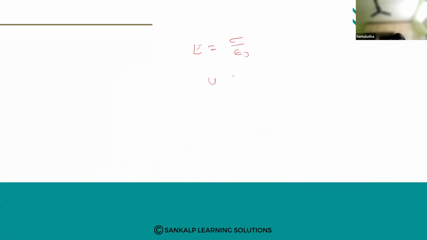Next, U is equal to half of epsilon naught into E square, into A into D. Why? Because energy stored in the capacitor is given by U is equal to this. We have to apply this. Okay, why? Because we applied capacitance, the capacitance formula has to be put here. So that is U is equal to how much, energy density per unit volume.